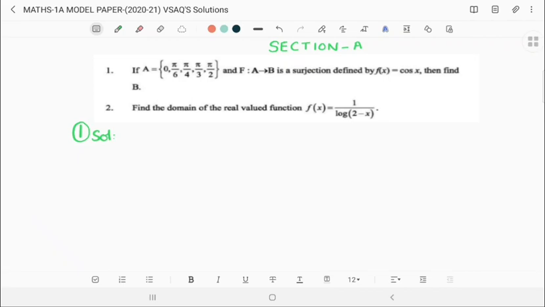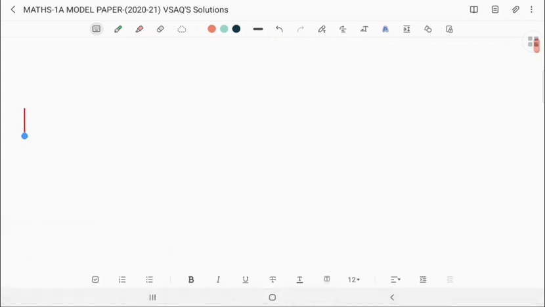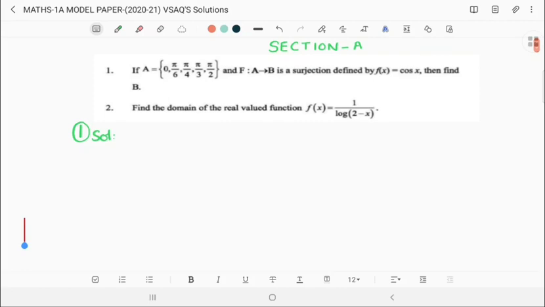The first question: if A equals 0, pi by 6, pi by 4, pi by 3, pi by 2, and f from A to B is a surjection defined by f of x equal to cos x, then find B. So first, A you can write it.